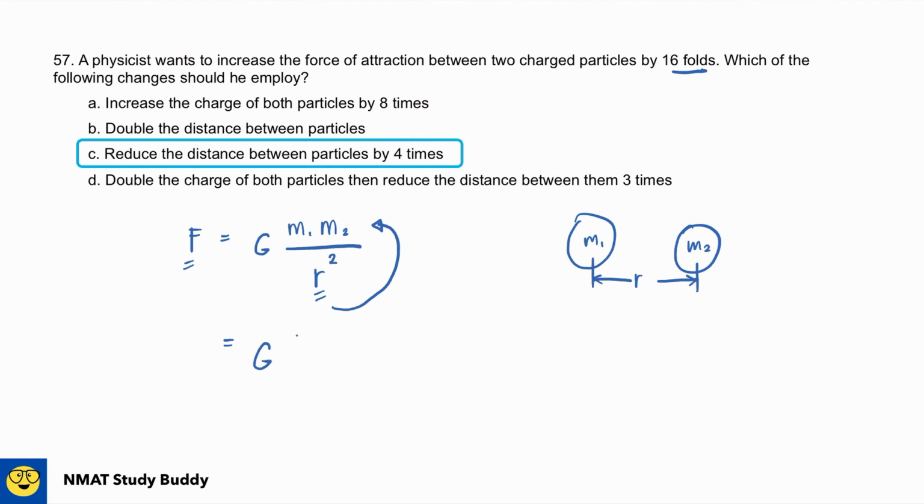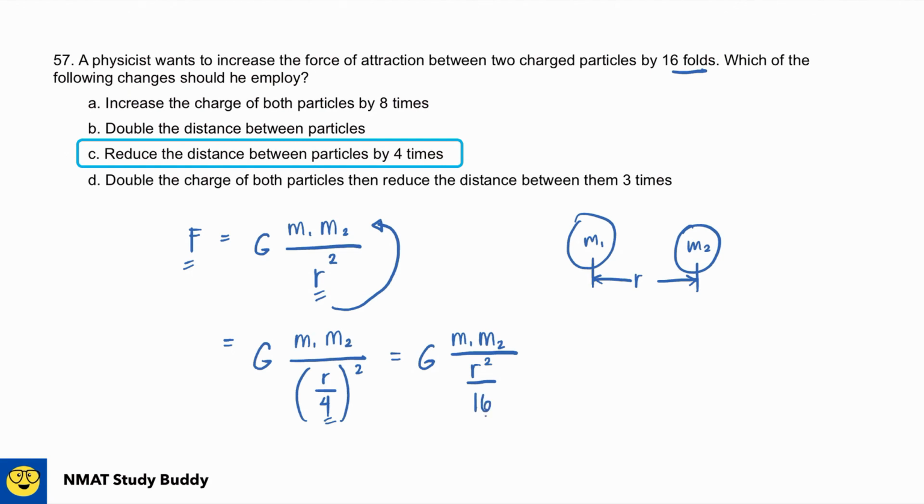So, gravitational constant times mass 1 times mass 2, and then R, we divide it by 4, then squared. The resulting answer is equal to mass 1 times mass 2 over R squared over 4 raised to 2, which is equal to 16.